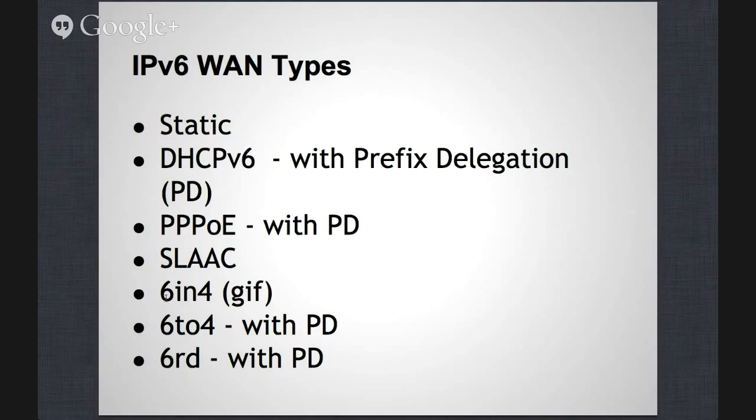And SLAAC is the other kind, that's stateless auto configuration. So that's generally not something that a firewall itself will use to obtain an IP, but it's an option because in appliance type deployments, that's potentially how you'll want the system to address itself.